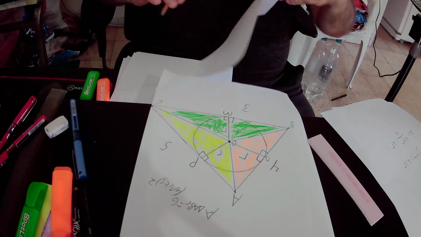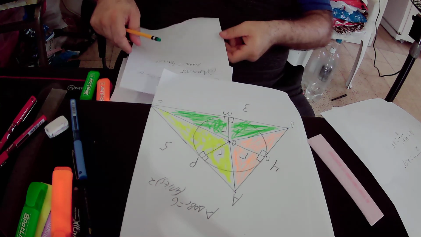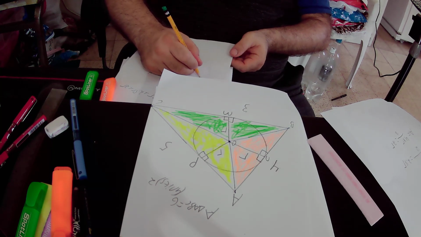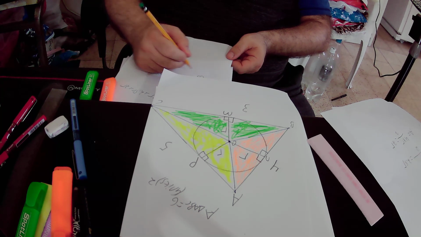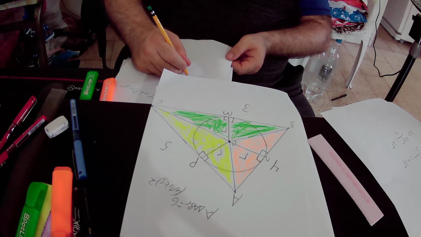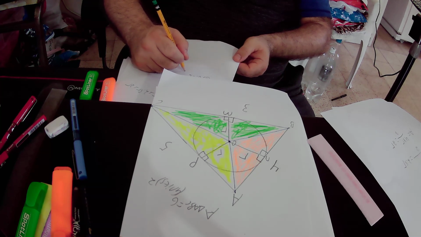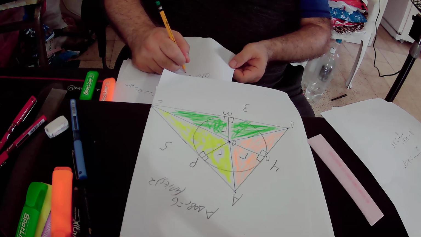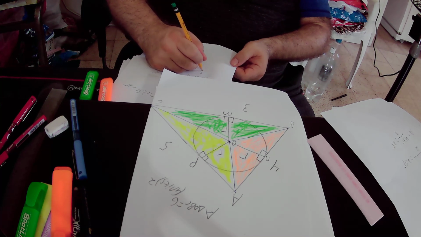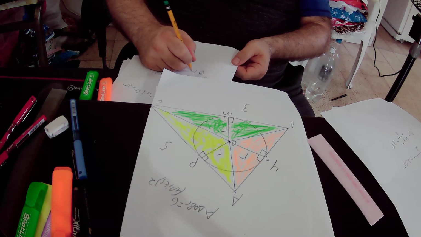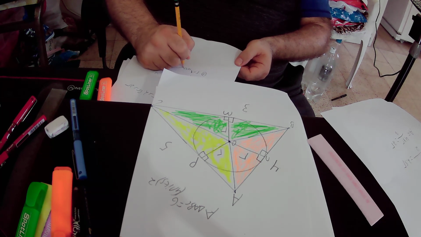Okay, and we'll get that the radius of the circle equals 1 unit.